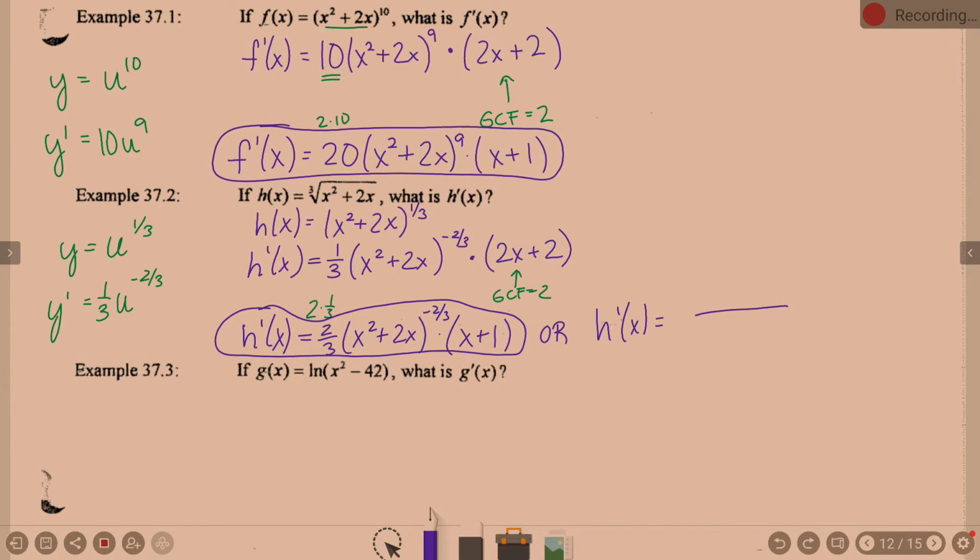So x squared plus 2x raised to the 2/3 can go to the denominator. x plus 1 is going to stay in the numerator. What about that 2/3? It's out in front of the whole thing, but what I can do is put the 2 in the numerator, the 3 in the denominator.